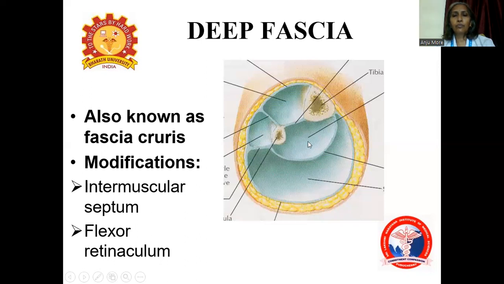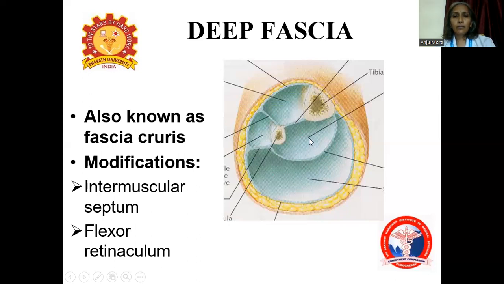Both the muscles in the superficial and deep compartment of the posterior region of leg are the flexor muscles. So this together is called as the flexor compartment of the leg.